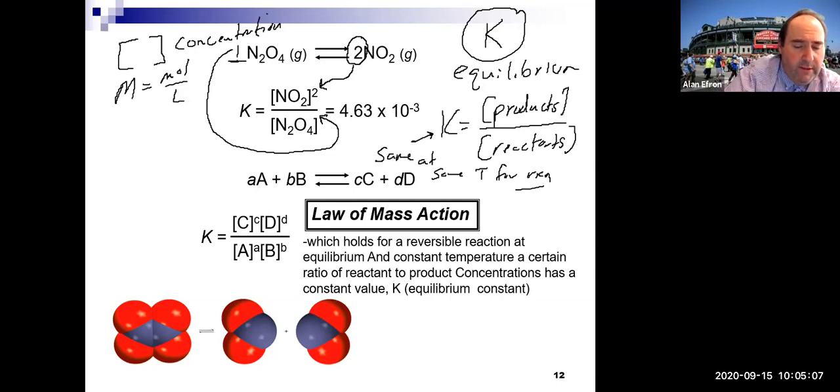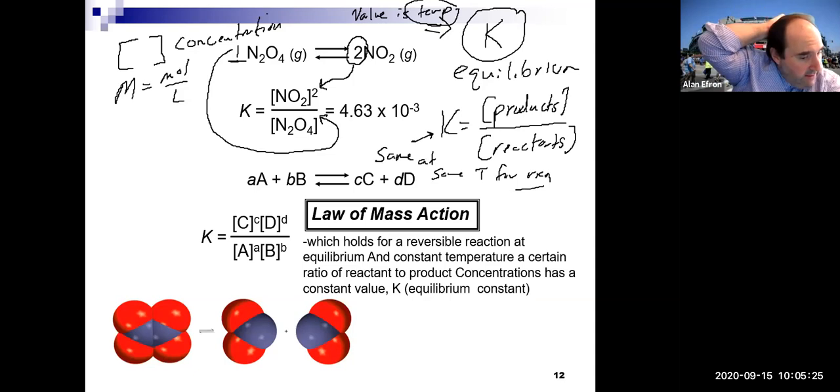And really the only thing that will affect the actual value of K, as we'll talk about in this chapter, is temperature. So if you keep your reaction at, say, 25 degrees Celsius, and you do the same reaction a ton of times, starting with different amounts, it should always end up with the same K value.